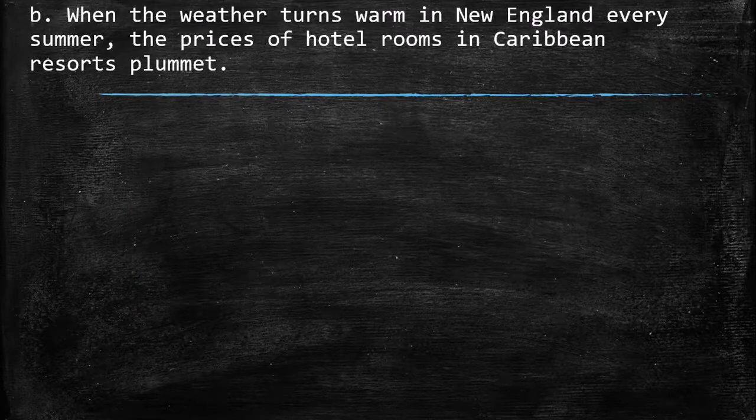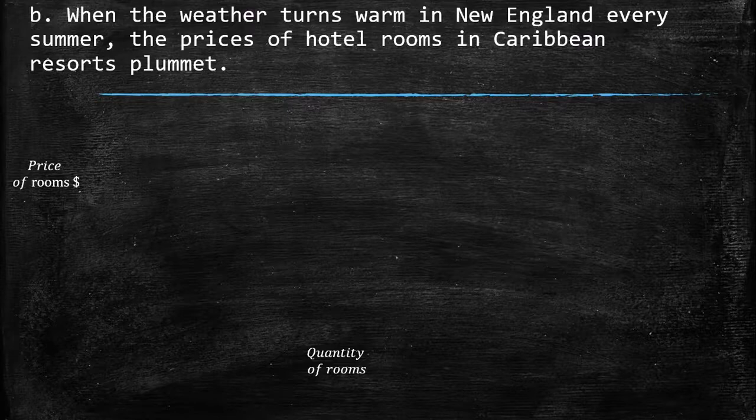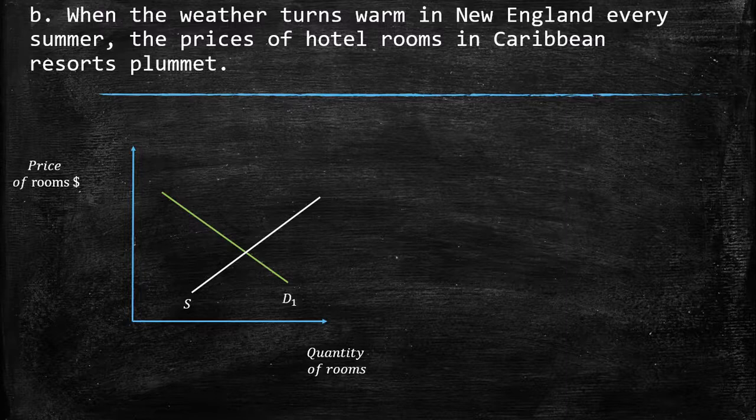B. The weather turns warm in New England every summer, the price of hotel rooms in Caribbean resorts plummets. So here we have the quantity of rooms and the price of rooms in New England. So here we have the initial case, but again, given the weather turns warm, there is an increase in the demand.